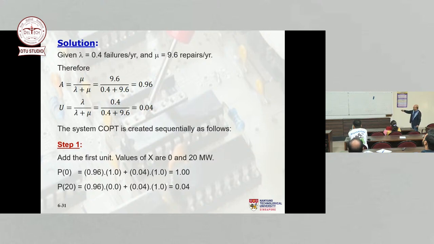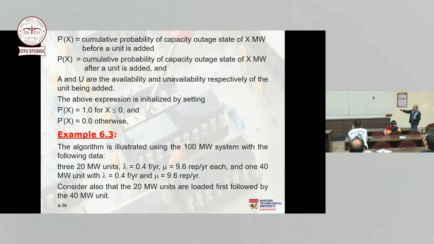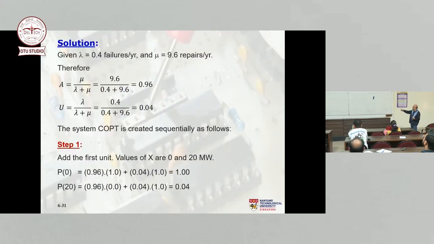Plus unavailability multiplied by P prime of X minus C. Now our X is 0. And what is our C? It's a 20 megawatt generator. So 0 minus 20, minus 20. And remember the initial condition again, X less than or equal to 0, it is 1. So therefore, this is 1.